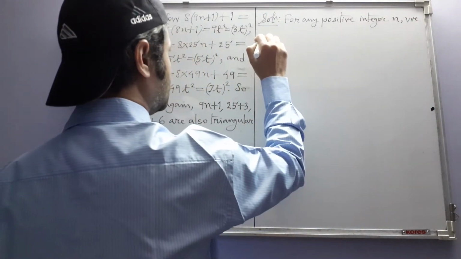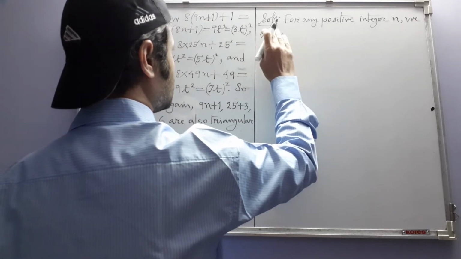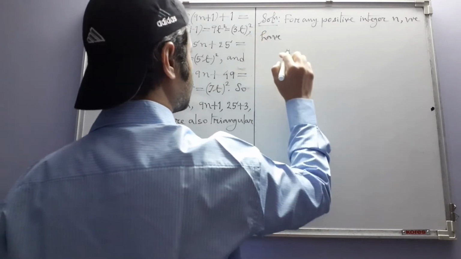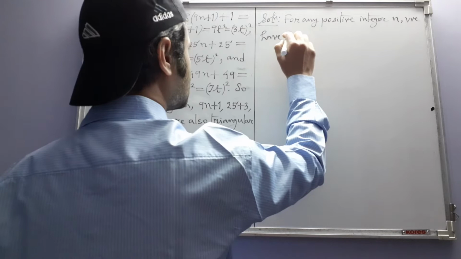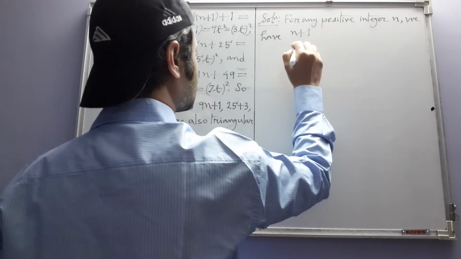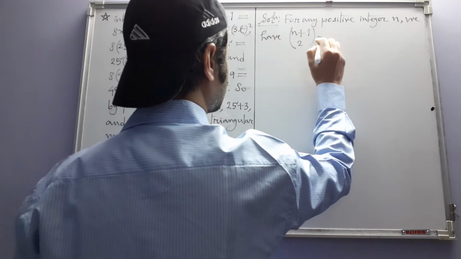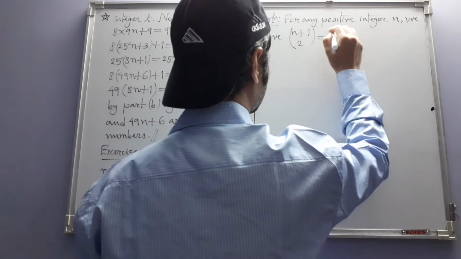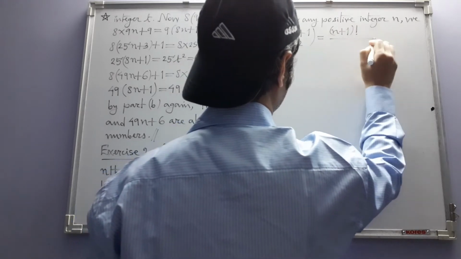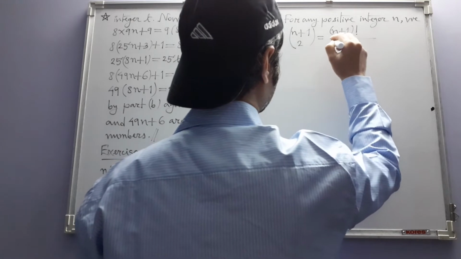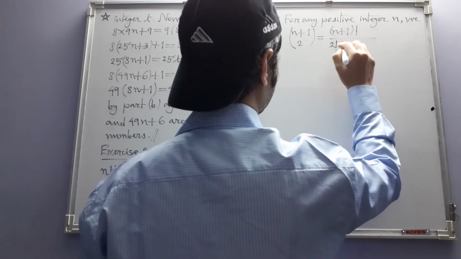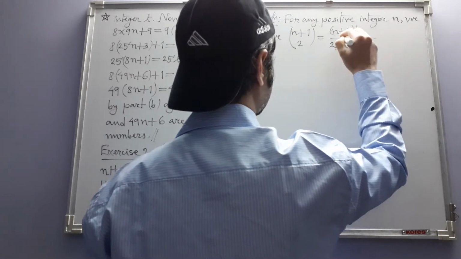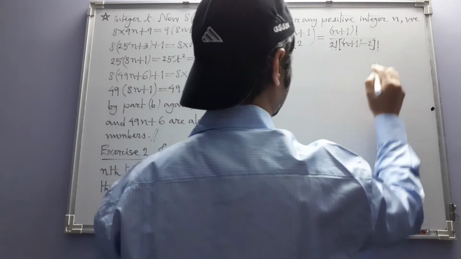For any positive integers, if we use the actual expression for the binomial coefficient, then we get n plus 1 factorial divided by 2 factorial times n plus 1 minus 2 factorial.